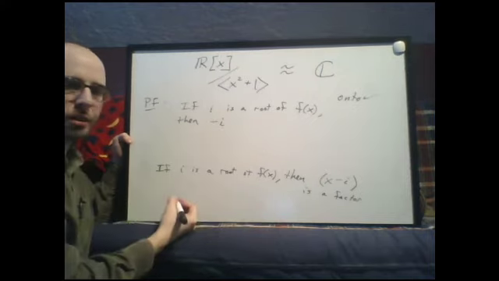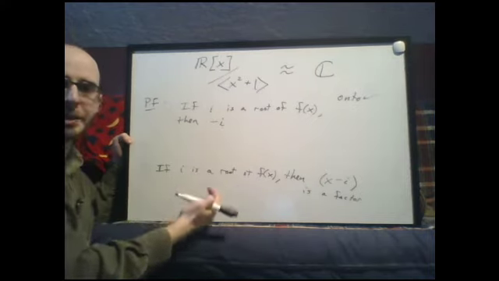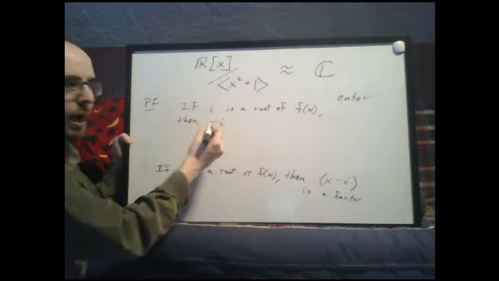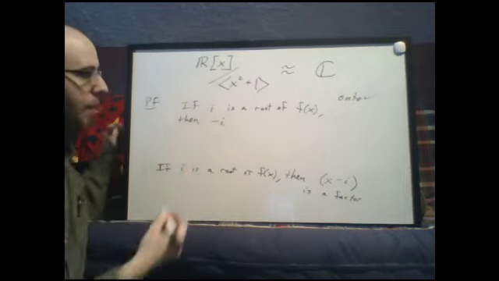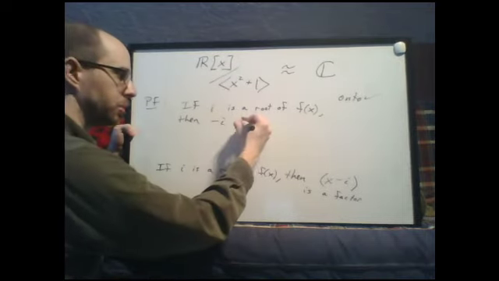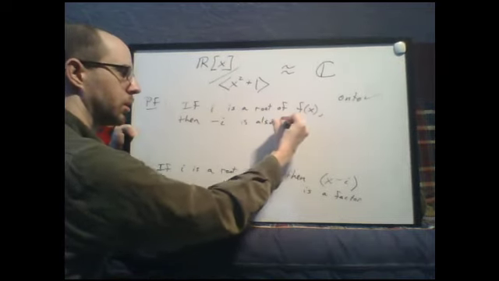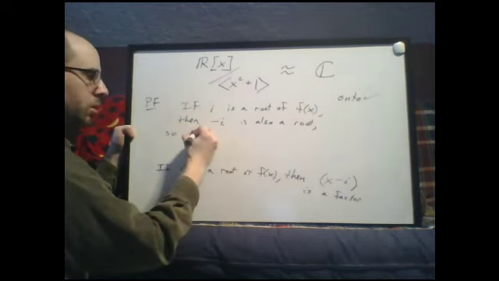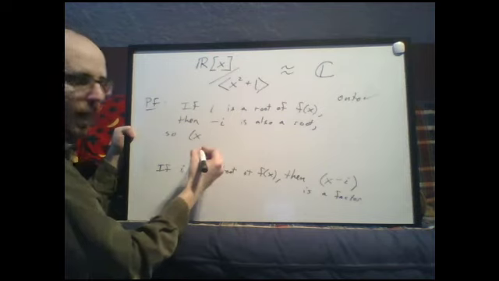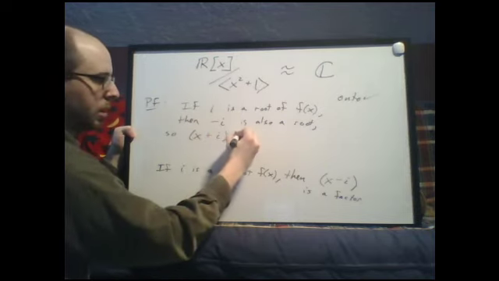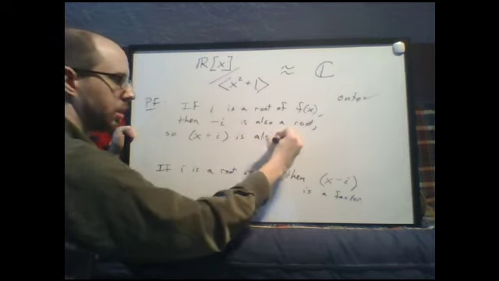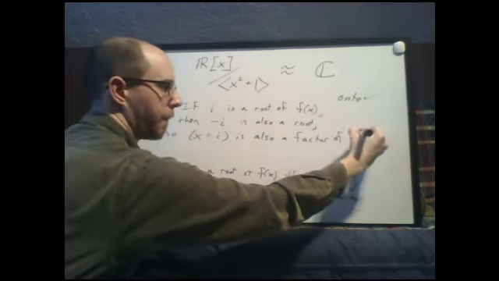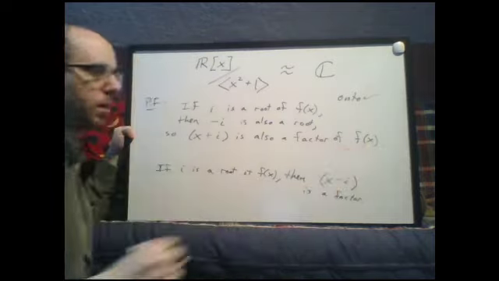The conjugate of I is minus I. The conjugate is you take the imaginary part and you flip its sign. So minus I is also a root. So x minus negative I, which would be x plus I, is also a factor of f of x.